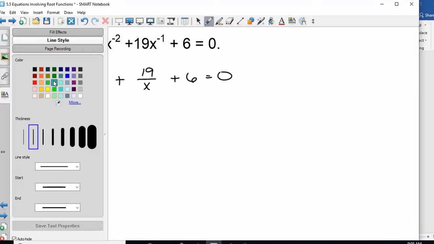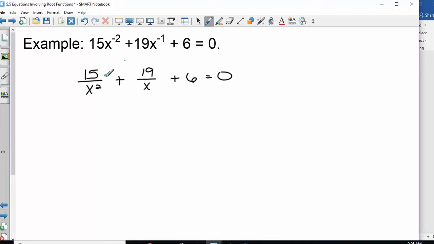X squared. We had these on the last test, and we said you had to multiply everything by it. And let's see if we need to multiply by anything else. That would cancel this denominator. 19 over x, that would cancel one of my x's.